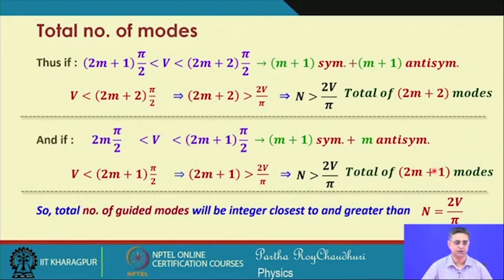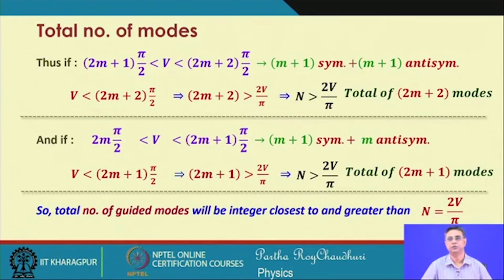That means, whether you are at the symmetric mode or at the antisymmetric mode as the last point of intersection. So, in this way you can generalize the condition that the total number of modes supported in the waveguide will be the integer which is closest to or greater than twice v by pi.